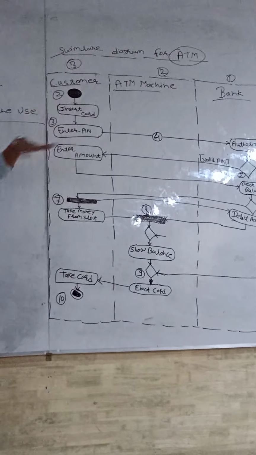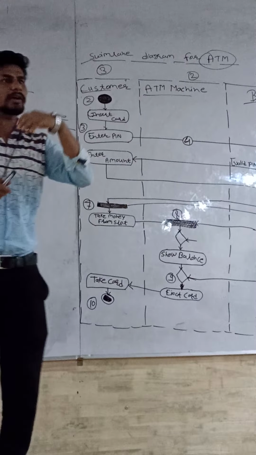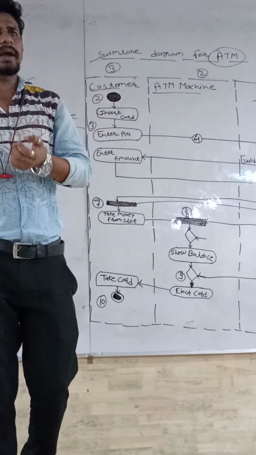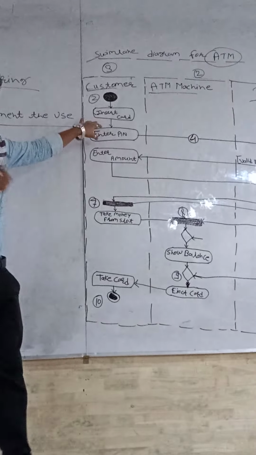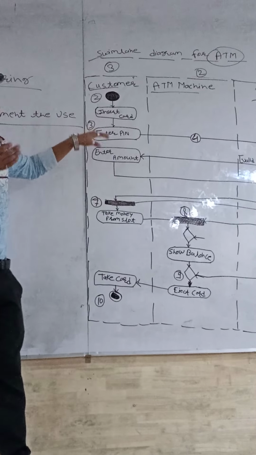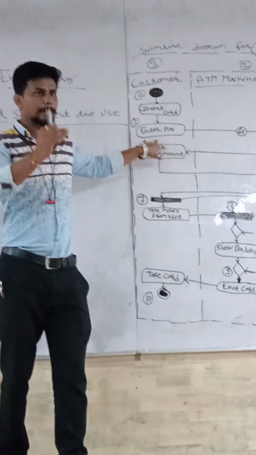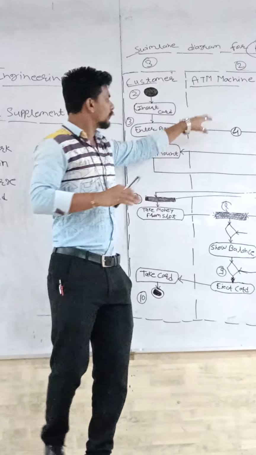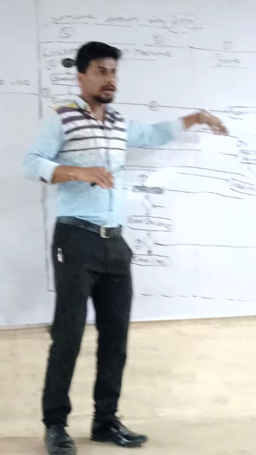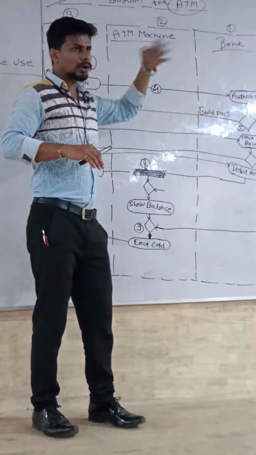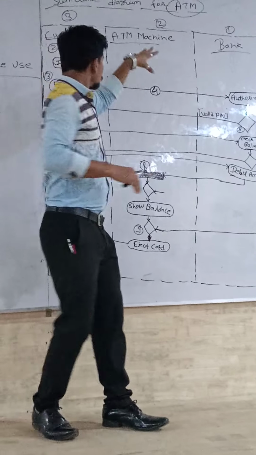So first, if you are a customer and you visit an ATM, what will happen in the ATM? You insert your card. After you insert your card, the next process, they will ask you to enter your PIN. You are entering it, but you don't know what type of process they will access in the ATM bank or in a server.